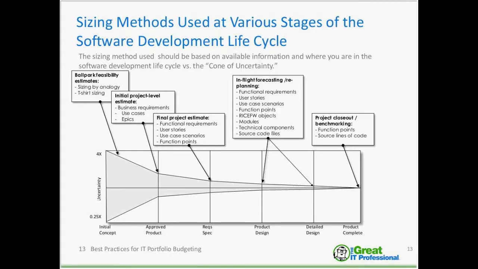Early on, maybe we can only do t-shirt sizing, or relative sizing to other systems. But with a little bit of historical data, we can map that into how many function points we might expect, or how many user stories, or ultimately, if we're having to code this thing up, how many lines of code we might have to build to develop those requirements and capabilities.